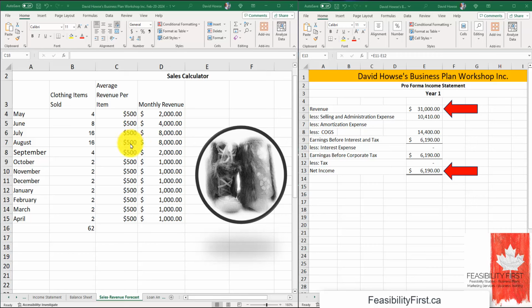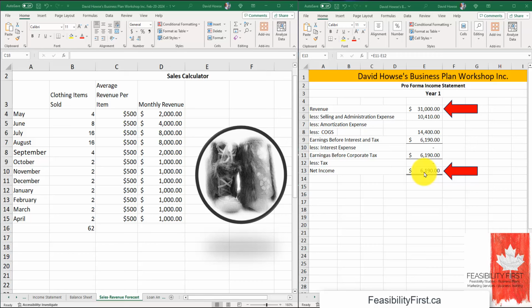And each month you're selling a different amount, 4, 8, 16 pairs, throughout the months for a total of 62 pairs by the end of the year. It's the 62 sets at $500 that create the $6,190 in net income, and that is money in your pocket.